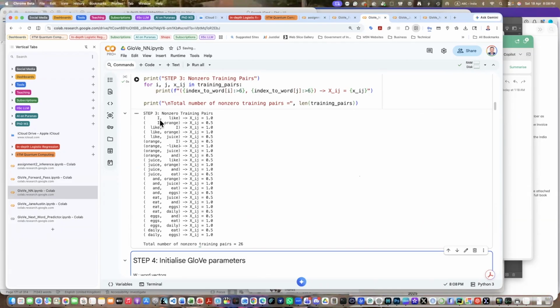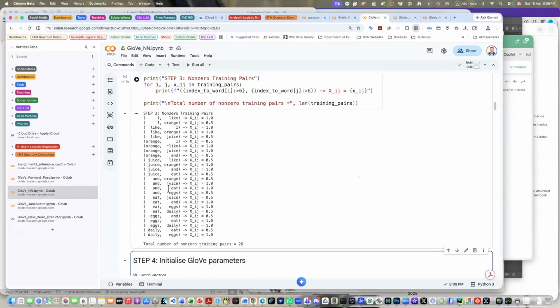So I like and I orange. These are in the window of 2, and I found out the Xij for each of them. So all combinations, whatever is possible, I take out. This becomes my training pair, right? Yeah, this is clear.